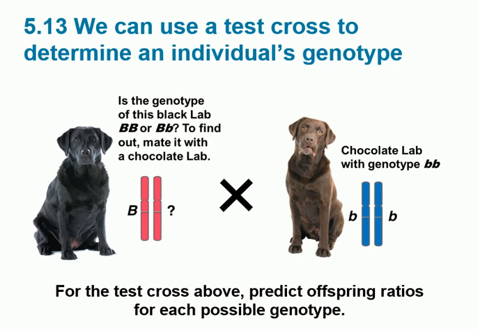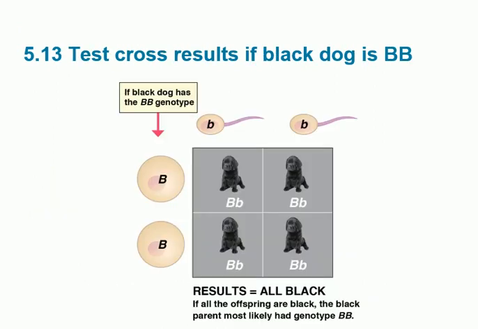The only way to know what this is is when you match it and show me the offspring, and I will tell you what it was. Okay? So here are the chances. If you assume it is black BB, so this is in the previous one. We're trying to solve it now. Are we following? This is chocolate and this is black.